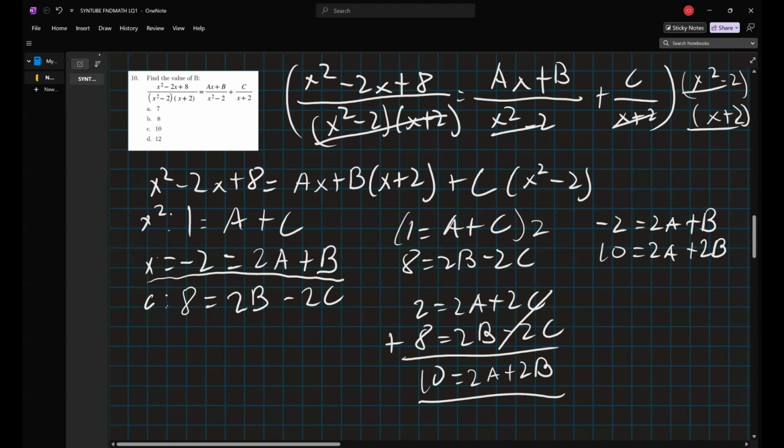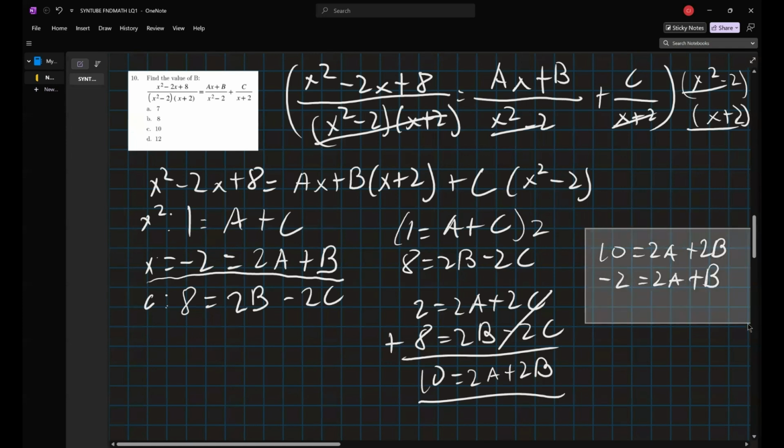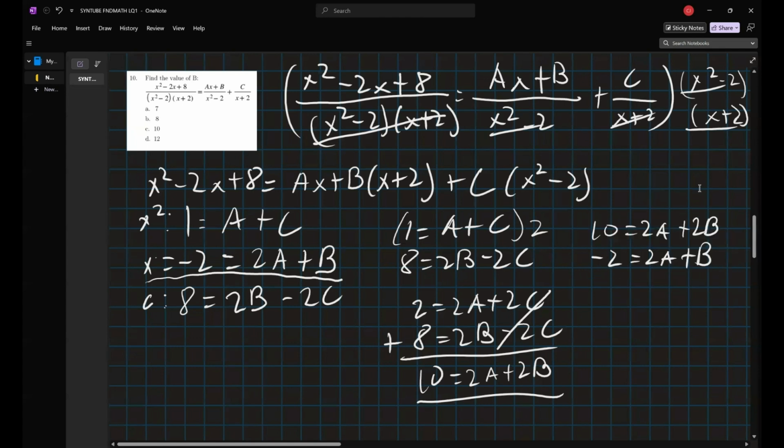Wait, I'll just interchange both so that we won't get confused here, and move it up. There we go. So for this, we now want to subtract both. Since if we add, we'll just get larger values of a and b, right? But if we subtract, we can eliminate a in this equation and get our value of b.